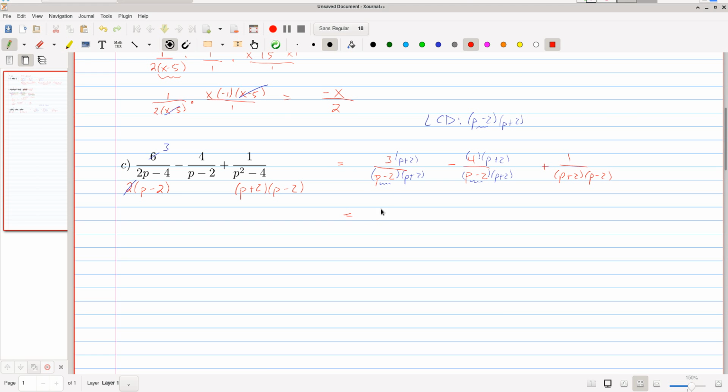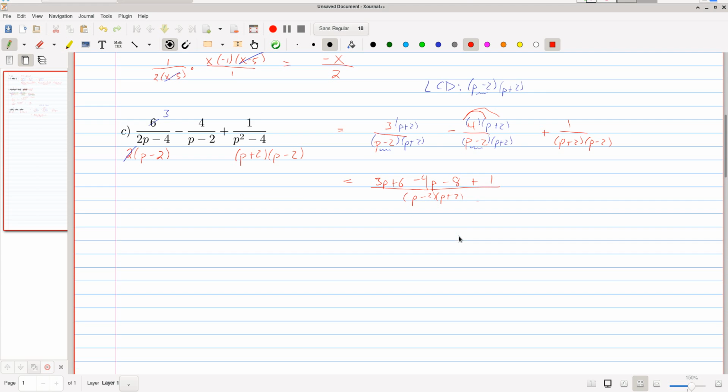We can distribute through here, so we've got 3p plus 6. On the next fraction, when we distribute negative 4 to both terms, we've got negative 4p minus 8. This last fraction, we don't need anything, so just plus 1. And this is all being divided by this new common denominator, (p minus 2)(p plus 2).